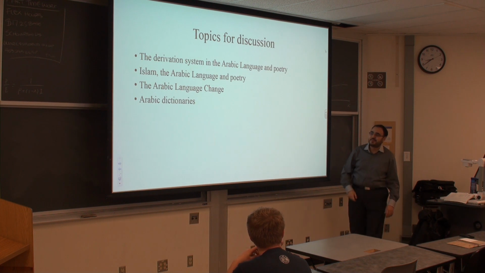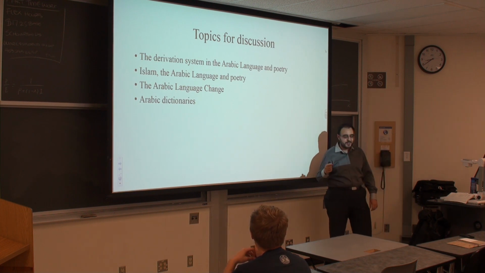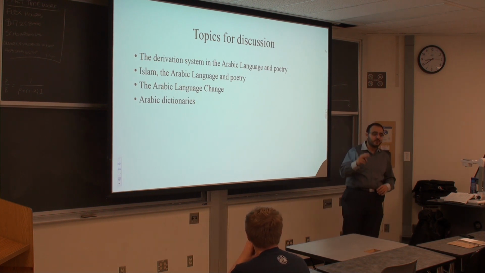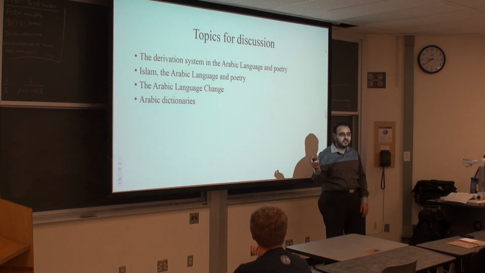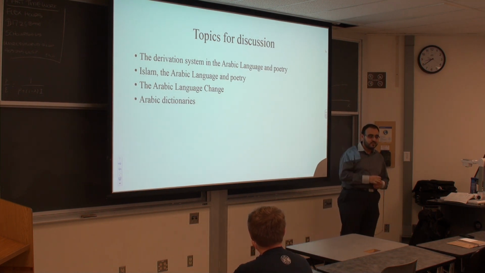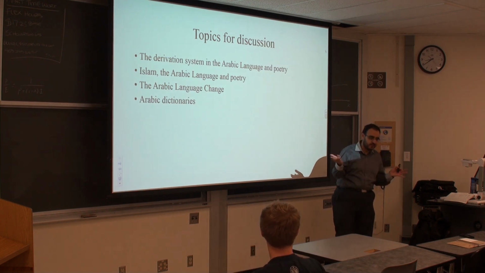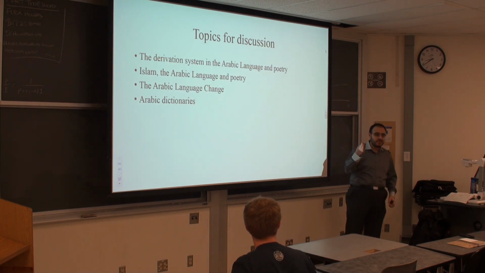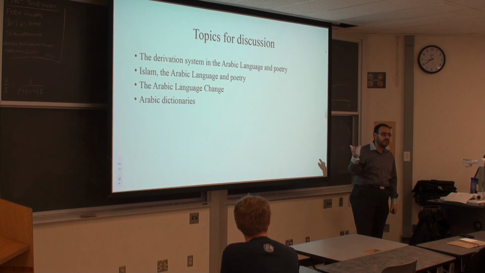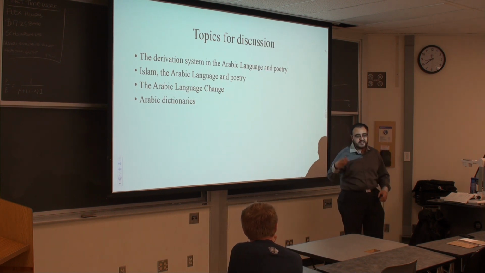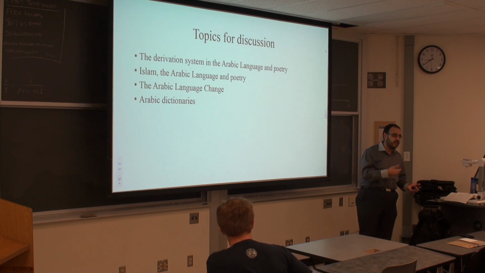So when talking about Arabic dictionaries, first of all, will we need transliteration? In English, you will have no idea how to pronounce any word in general, because every letter can be pronounced in a number of ways, and every sound can be written in a number of ways.